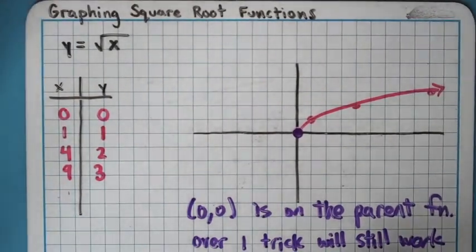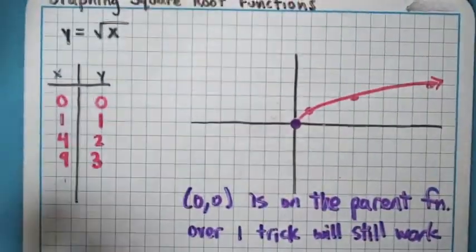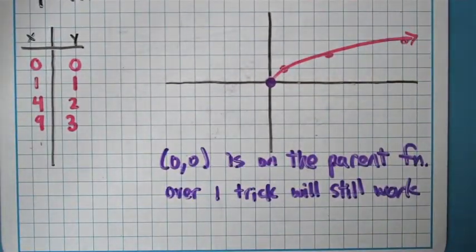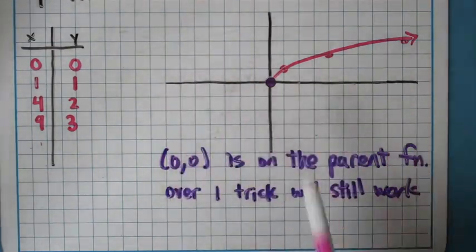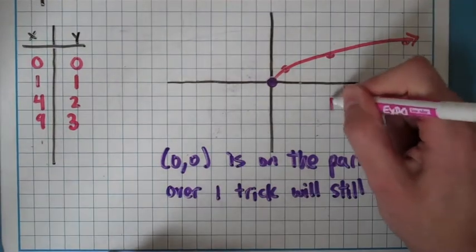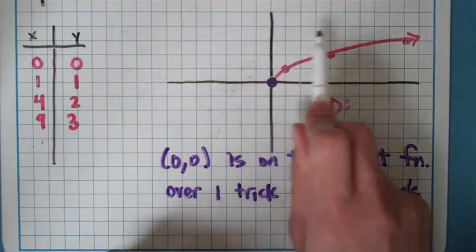So let's graph a few of these now that we have the basic shape down. Actually, before we do that, let me comment on one more thing. Let's do our domain and range on this example here. The domain of this graph is the x's that we actually use. Usually domain has been all real numbers. But on this graph, the x's only go from here onwards.